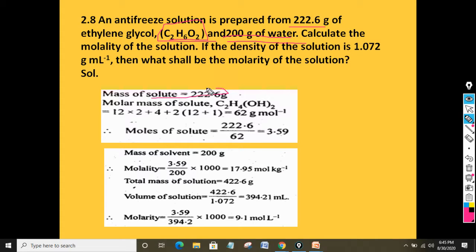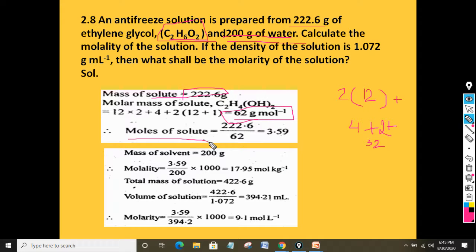So mass of solute we are given. We'll calculate the molar mass. Carbon is 12 into 2 plus hydrogen 4 into 1, so 4, plus then another 2 of hydrogen for OH2, plus 32 for 2 oxygens, which gives the answer as 62 grams per mole.